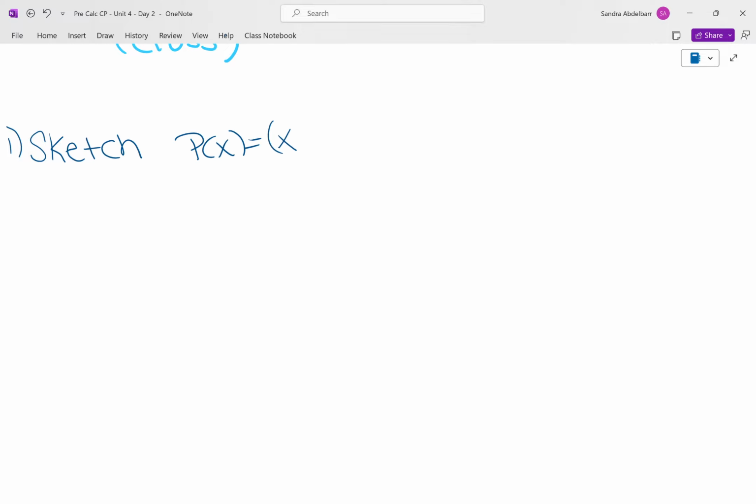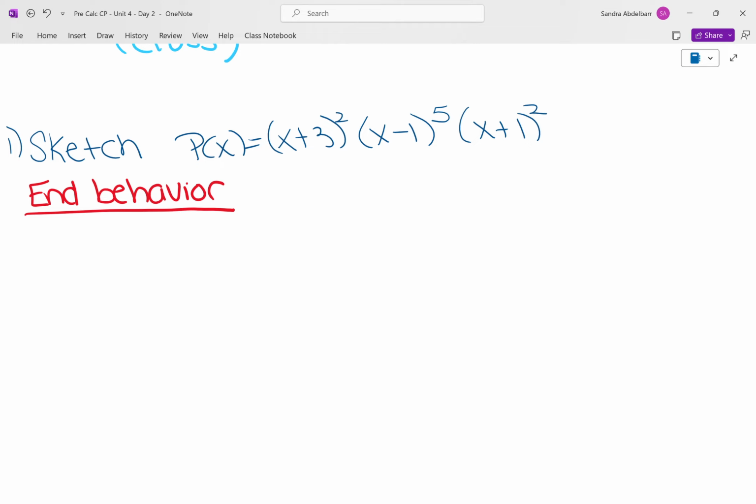Think about it. If I am taking the quantity x plus 3 squared, wouldn't it be times itself? So what would be the highest exponent here? x squared.